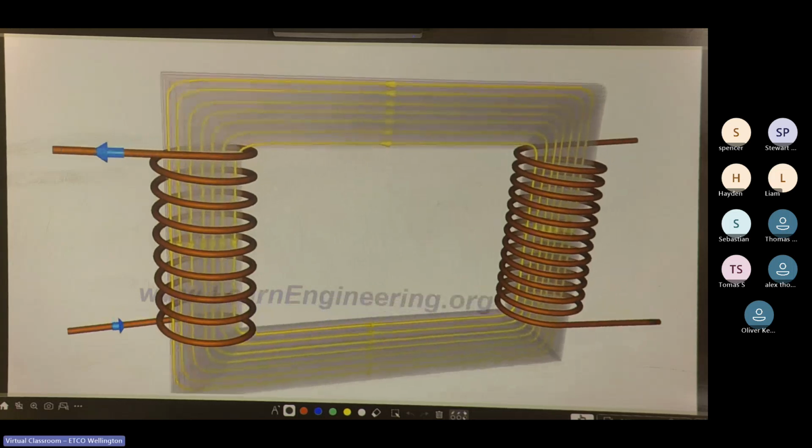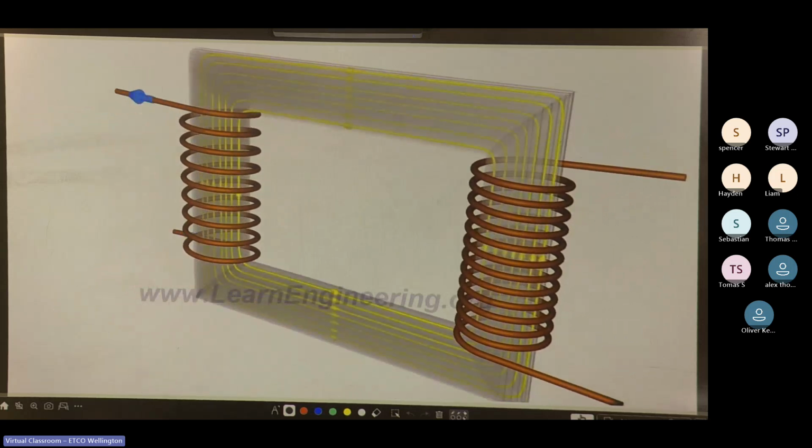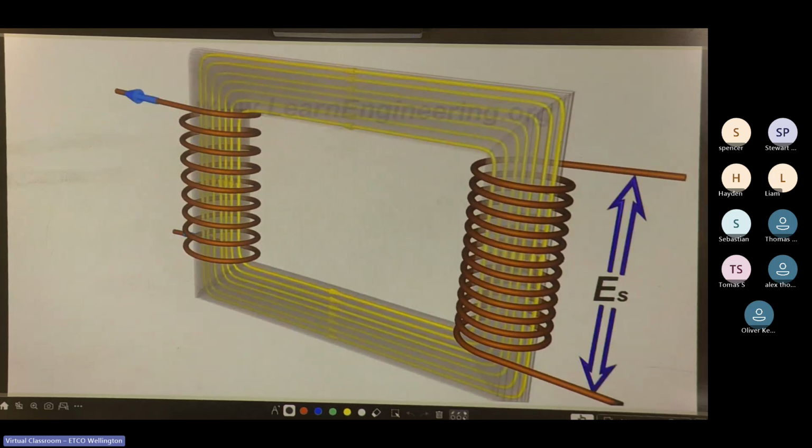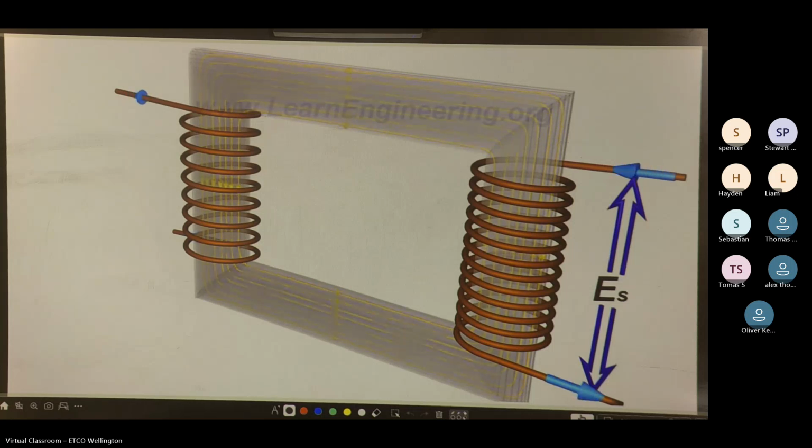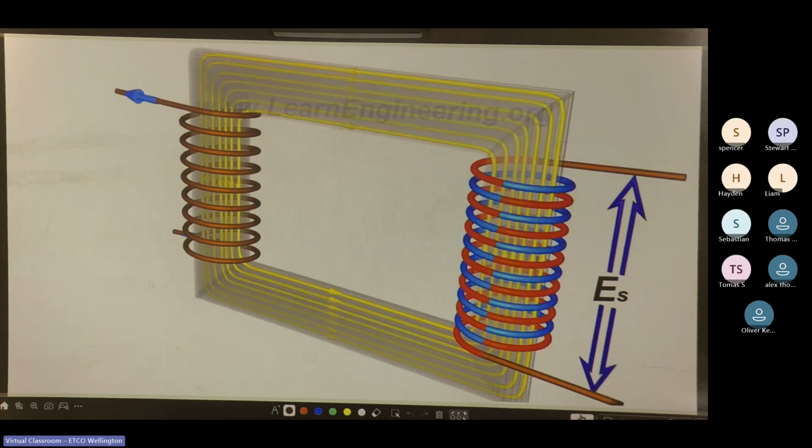This fluctuating magnetic field will induce an EMF in the secondary coils due to electromagnetic induction. Since the turns are arranged in a series, the net EMF induced across the winding will be the sum of the individual EMFs induced in each turn.